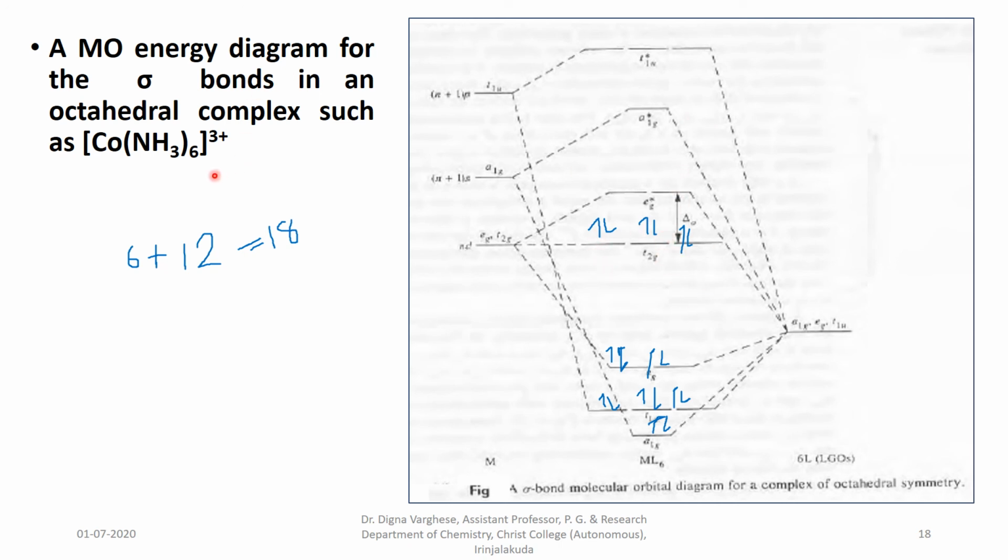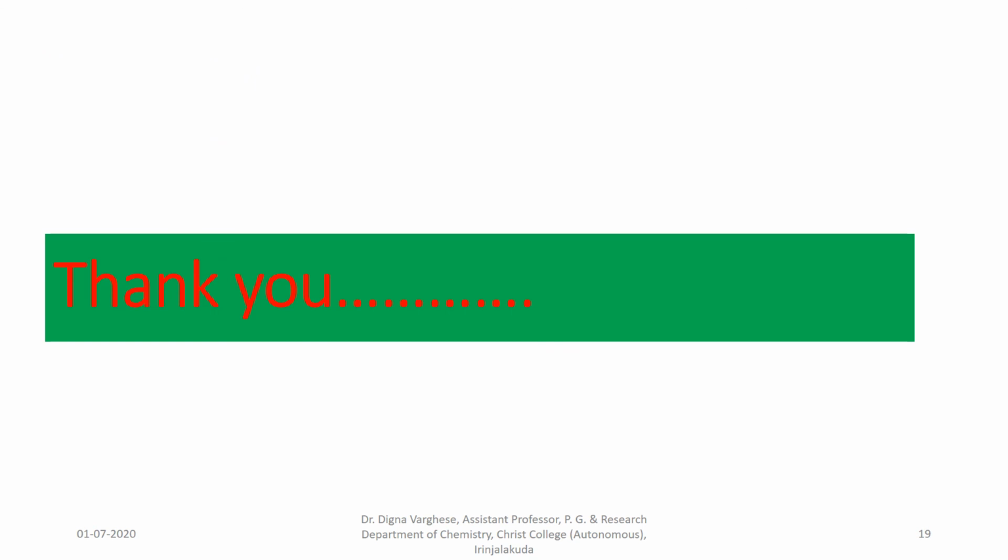But in the case of [CoF6]3-, the electrons can move from this level to this level, so it must be paramagnetic, a high spin complex. In this case it is a low spin complex. So it is a diamagnetic complex, and we can draw the molecular orbital energy diagram for an octahedral complex. Thank you for your interest and attention.